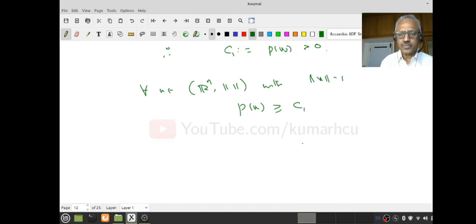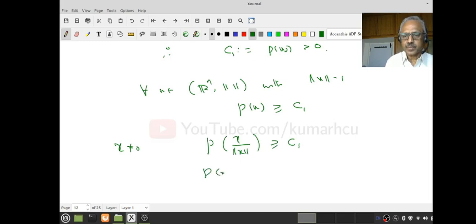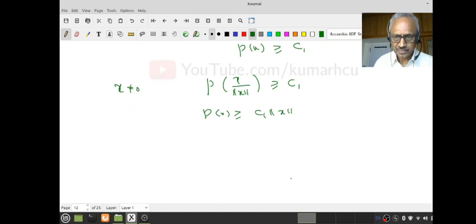If you give me any non-zero vector x, then applying this to x by norm x, P of x will be greater than or equal to C1 times norm x. If the vector x is 0, the result is again true, because P of x will be 0 and norm of x will be 0, so 0 is greater than or equal to C1 times 0. That's a correct statement.